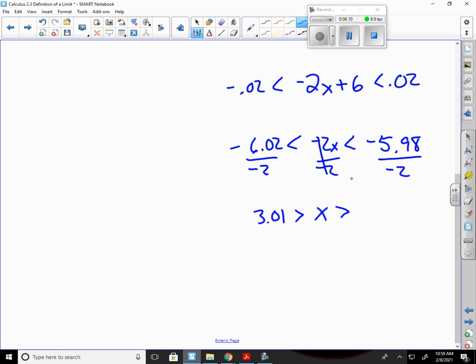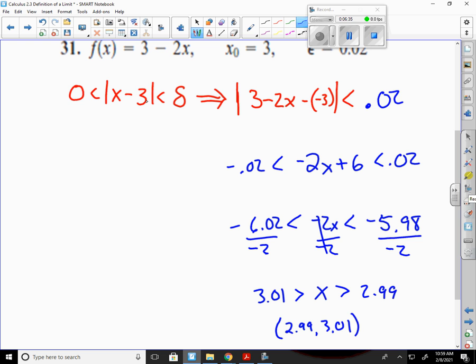Again, my direction of my inequality changes. It becomes greater than. And then I divide that out, and that's going to give me 2.99. Now we take these two answers, which means that I have a range of values between 2.99 and 3.01.